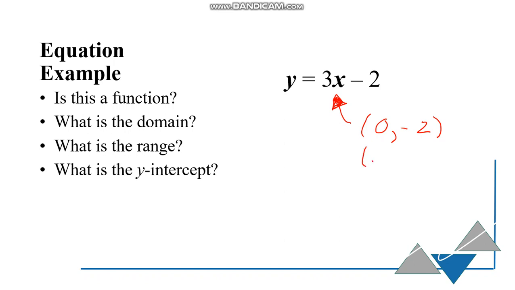Let's try 1. 1 times 3 is 3, minus 2 is 1. Let's try 10. 3 times 10 is 30, minus 2, 28. Any number I put in here for x, I'm going to get only one answer for y. This is a function.